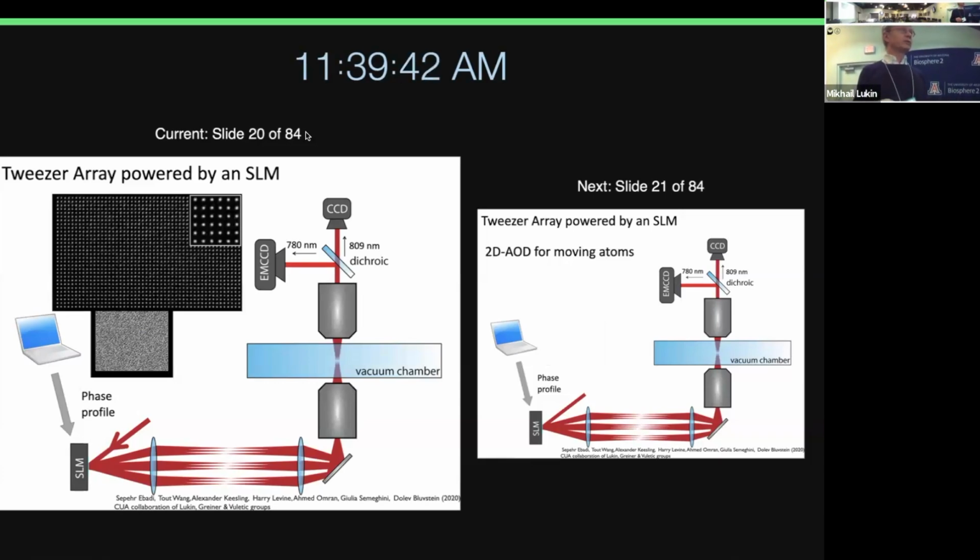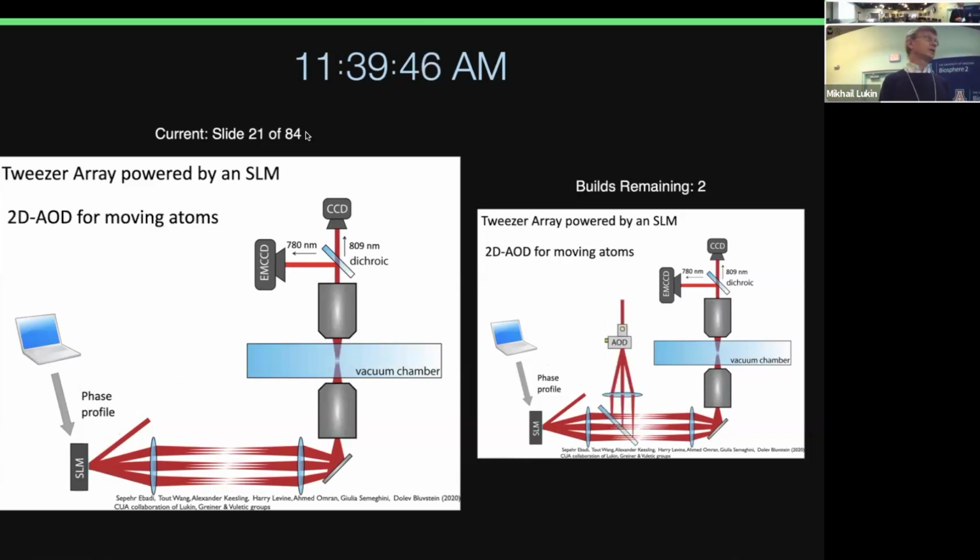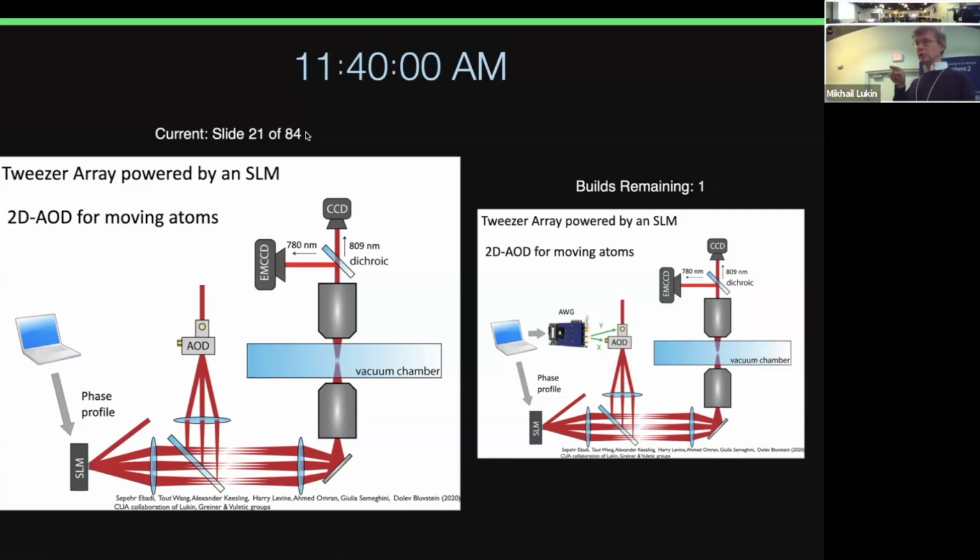The only drawback of this SLM is that it is relatively slow. To circumvent it, we use a separate channel in which we create a separate set of tweezers by using two acousto-optic deflectors. An acousto-optic deflector is a device where you inject a sound wave in a crystal and it deflects the light.